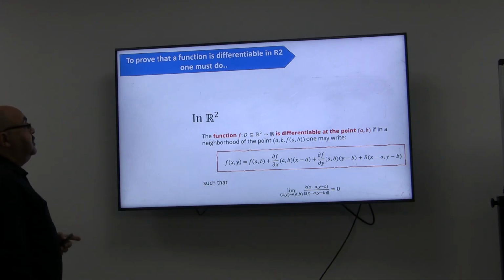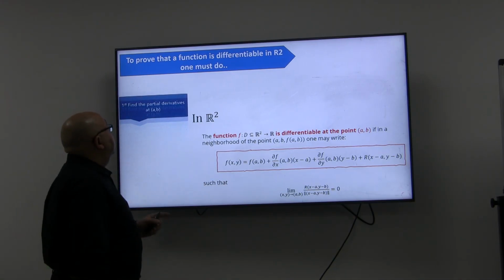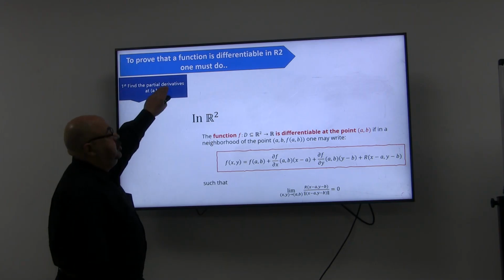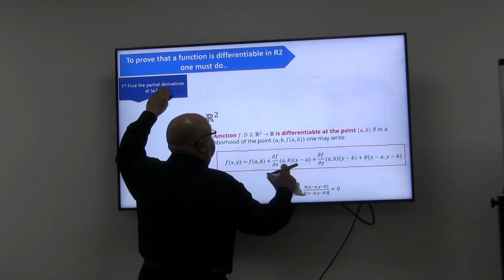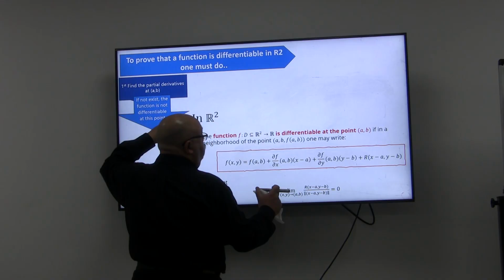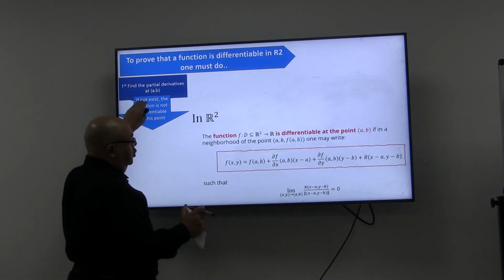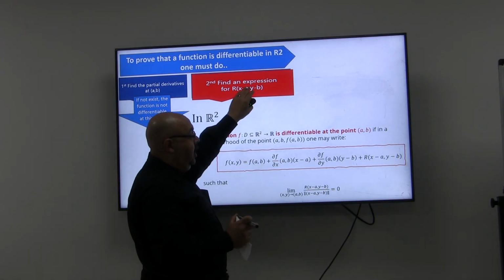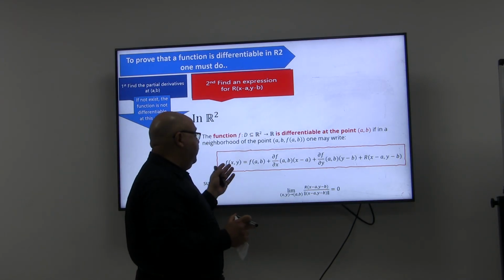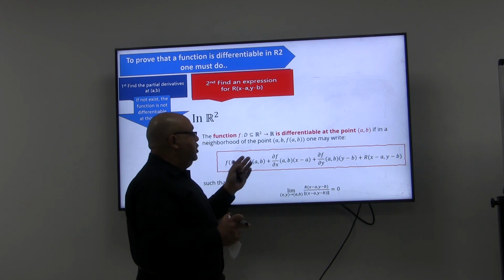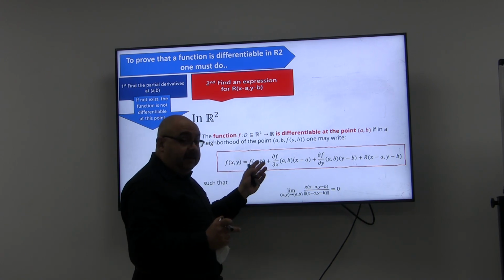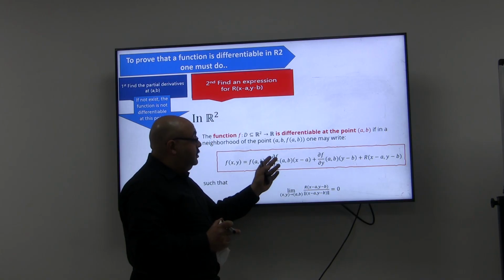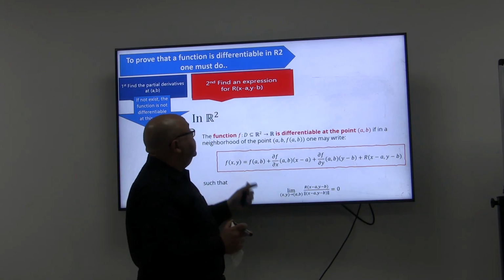To prove that a function is differentiable in R2, step number 1, find the partial derivatives. Be sure that these two really exist. If they don't exist, then your function is not differentiable. Second step, find the expression of R, which is very simple: f of x, y minus the value of the function at the point, minus the gradient vector times (x minus a, y minus b).